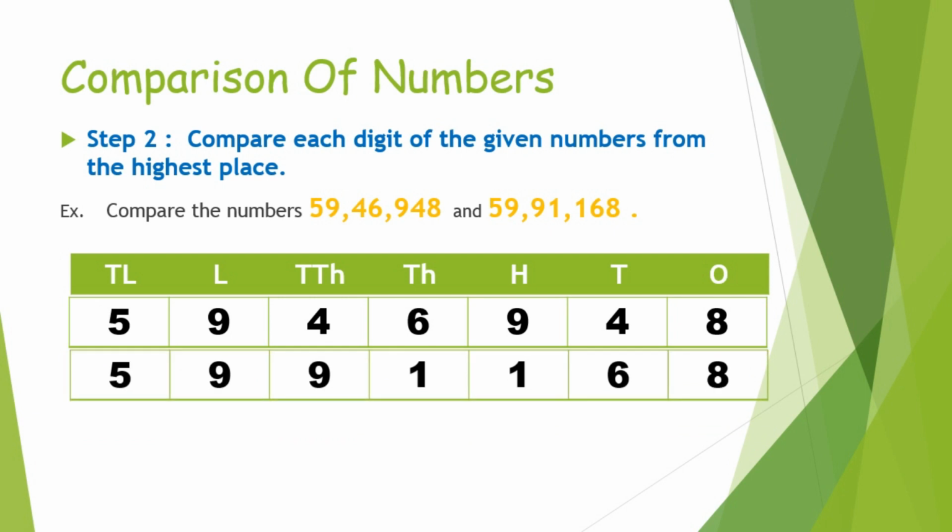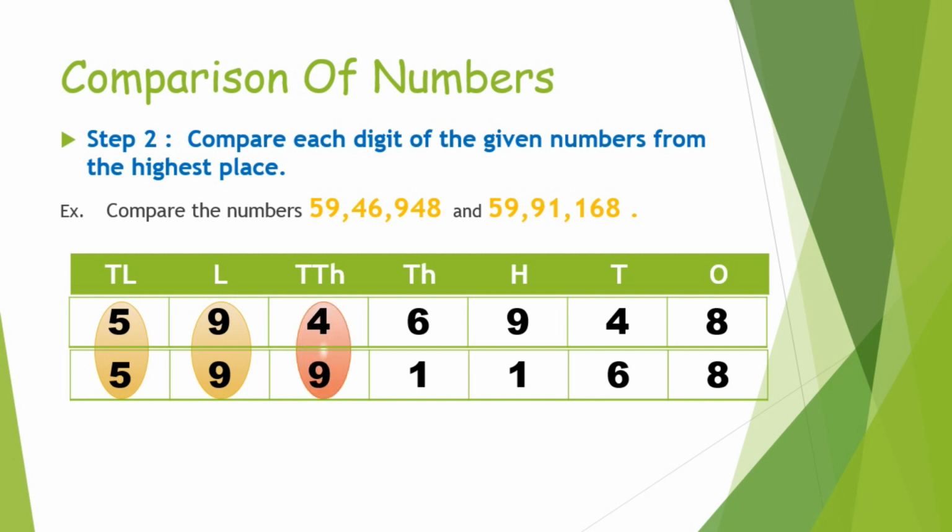After placing them in the place value chart, we need to compare digits at the highest value place. Look at the highest place, that is 10 lakhs. Digits are 5 and 5. Both are same. So we'll go to the next place, that is the lakhs place. Here the digits are 9 and 9.